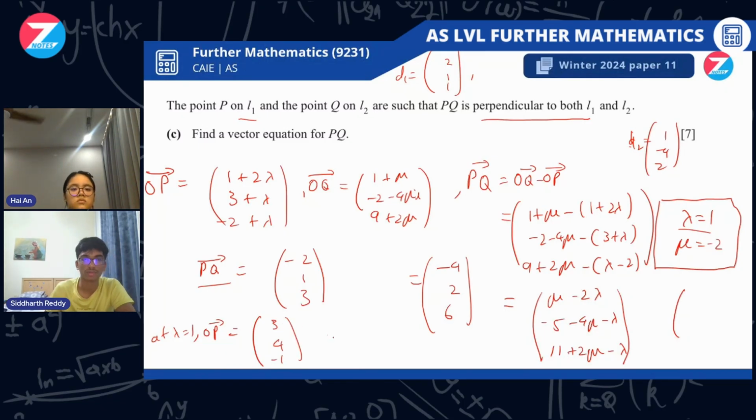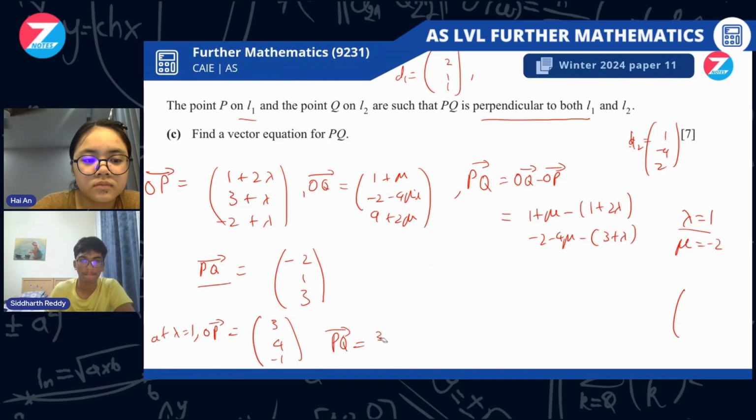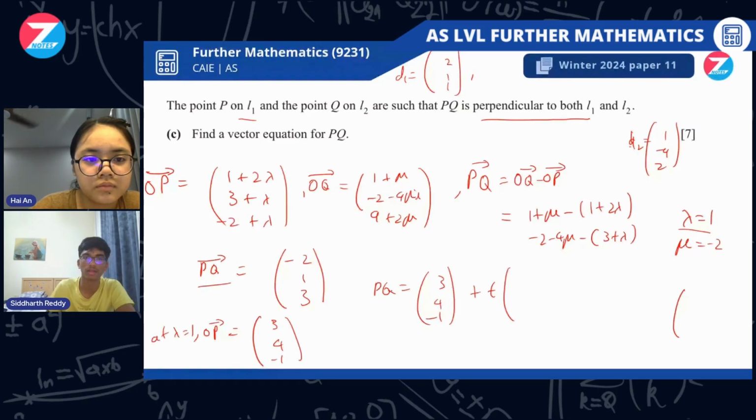So PQ is equal to 3, 4, minus 1 plus t, any variable, times minus 2, 1, 3.